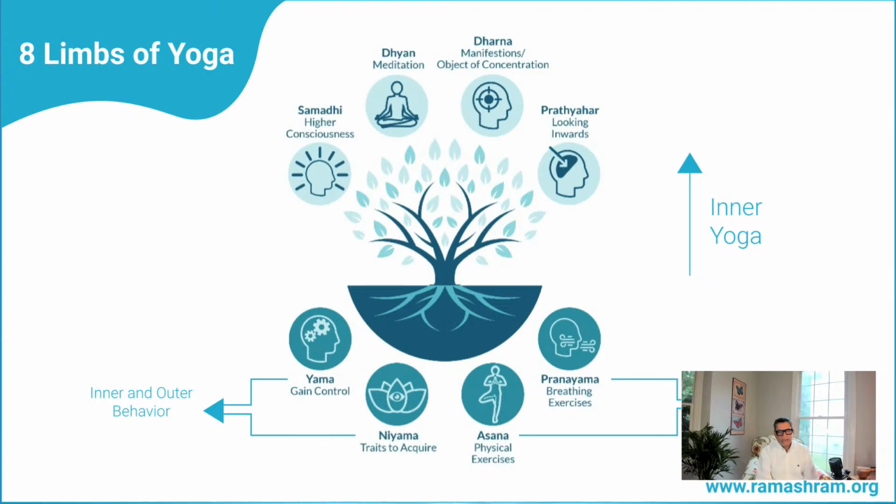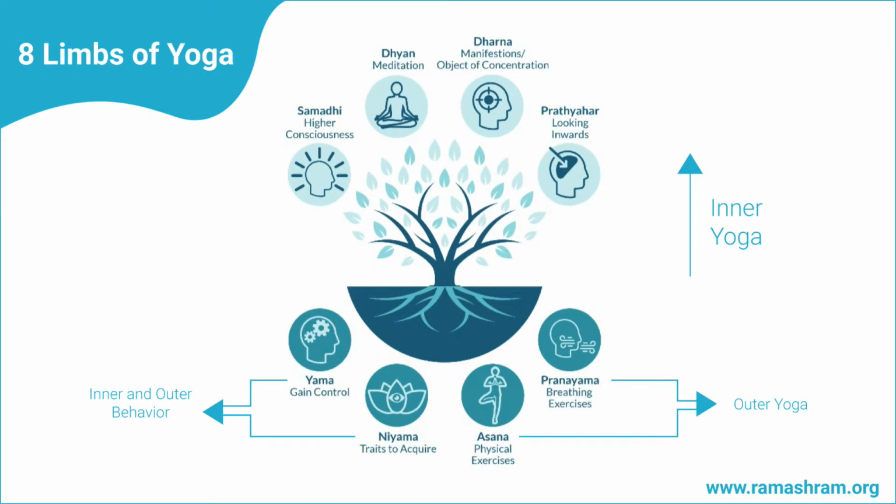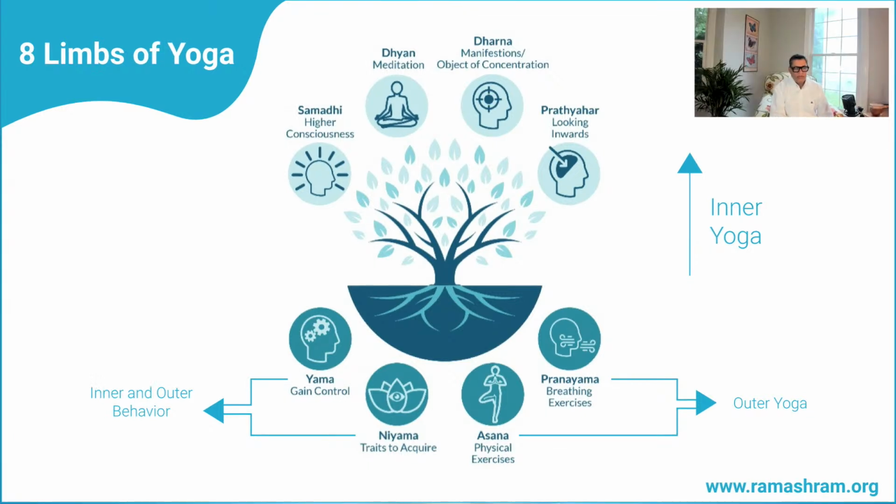If we look at this, the inner yoga part is the top part, where you look inwards: meditation, the object of concentration or manifestation, and meditation, and then higher consciousness. Those 4 limbs are the meditative practices of the 8 limbs. And then what we could call outer yoga, or asanas and pranayams, or physical and breathing exercises.